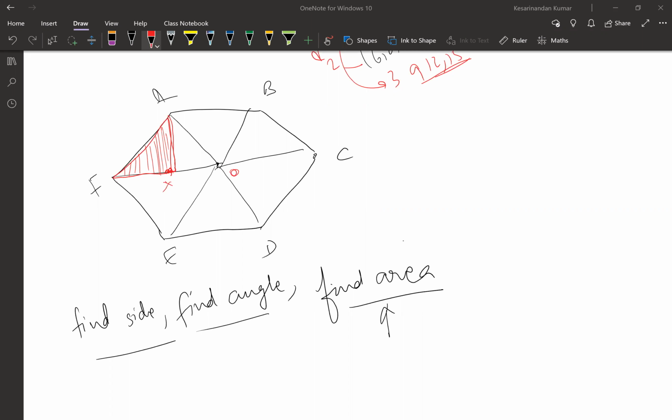So naturally the area will be half as well, and we have 6 such similar triangles. So naturally we will have a total of 12 such parts. So yes, it is correct. In fact, the trickier part is when this question had come in CAT, it was like this.